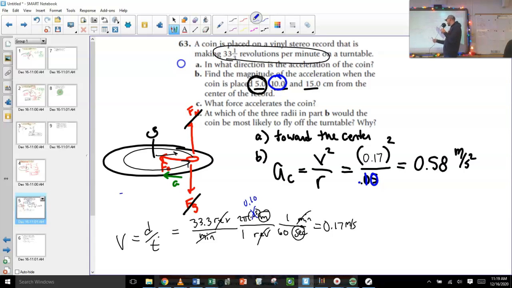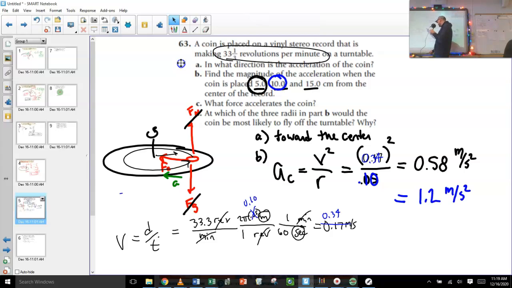The only thing that changes is the radius. So this ends up doubling, and I get 0.34. So I put that in there, 0.34, and I end up with, for an acceleration, 1.2 meters per second squared.